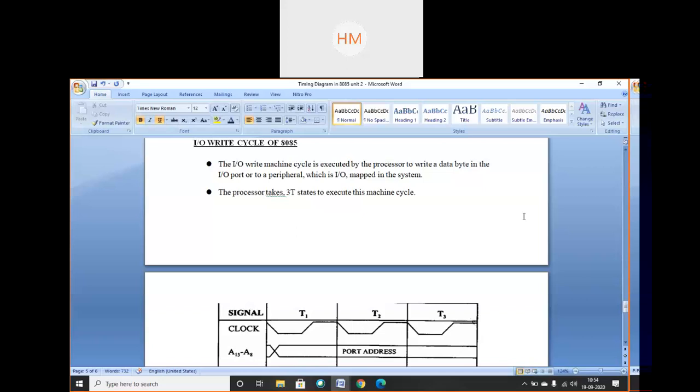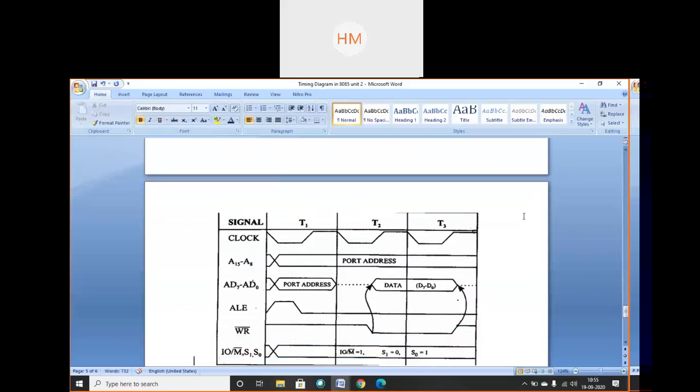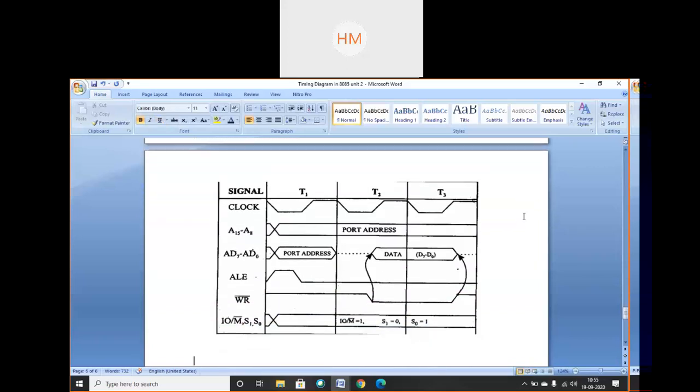The processor takes 3 T states to execute this machine cycle, and this is your timing diagram. It's very simple. For writing, S0 is 1, S1 is 0, and for IO device selection, IO/M bar is 1.